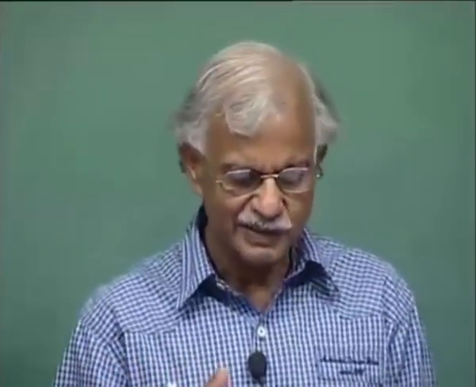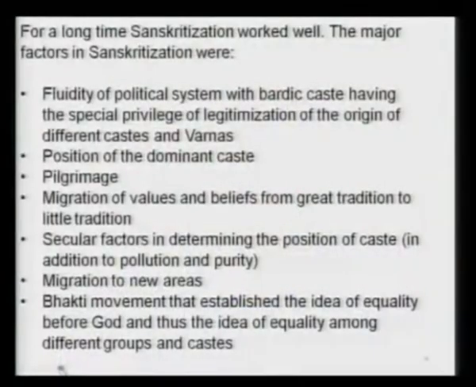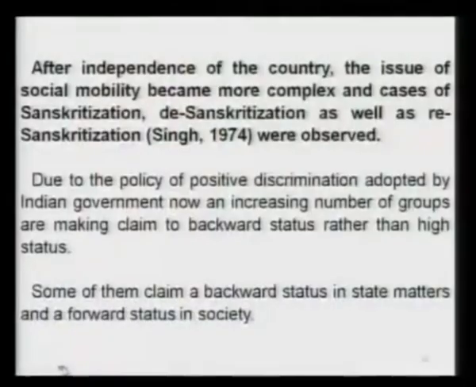Then migration to new areas: when people migrate from one place to another, the status of a caste may go up or go down. Then the bhakti movement established the idea of equality before God, that everybody is equal, thus the idea of equality among different groups and castes. Now, after independence of the country, the issue of social mobility became more complex, and cases of Sanskritization, desanskritization as well as re-Sanskritization were observed.